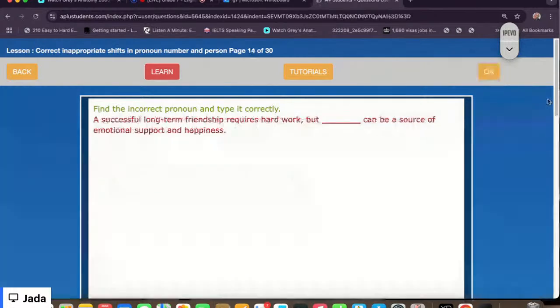Okay, so a successful long-term friendship requires hard work, but dash can be a source of emotional support and happiness. So what do you think is the option, they or it?